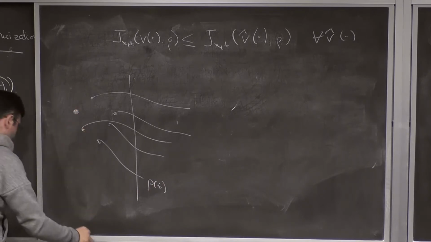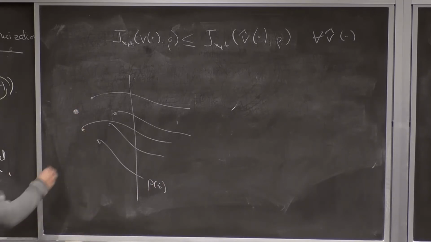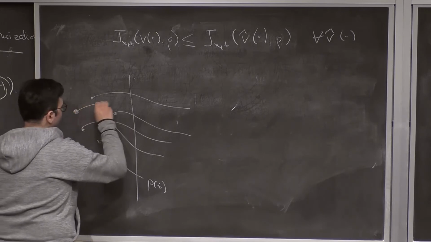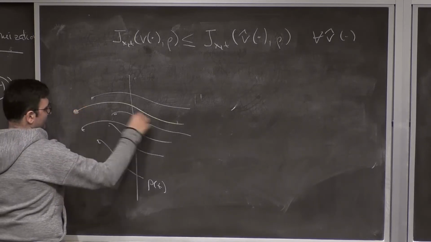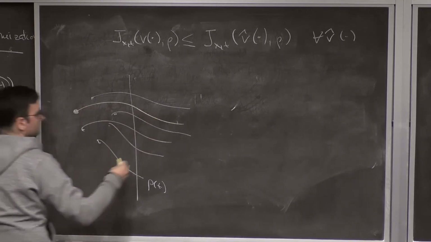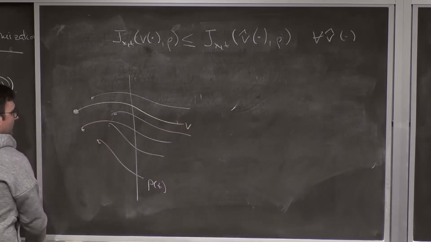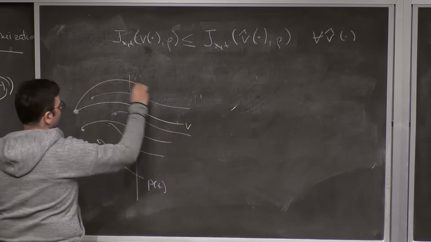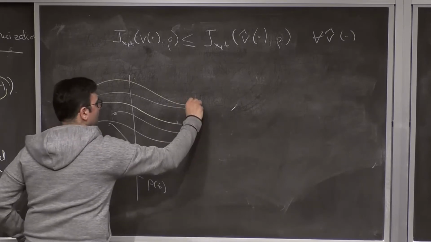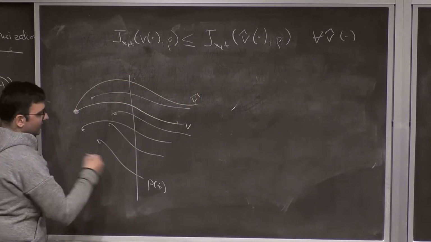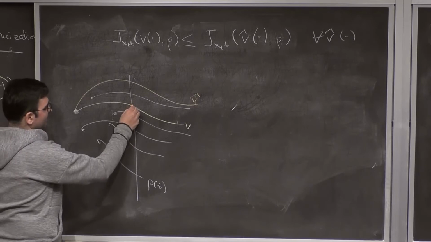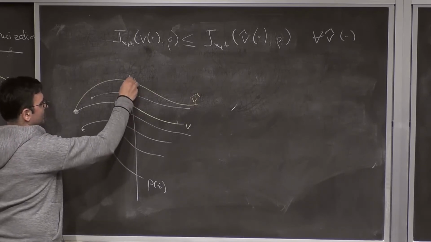Then let's say I'm isolating this one player, and it has this strategy, which I'm claiming is the optimal one. So this is V. And let's say I'm choosing another trajectory V hat, and I'm comparing. In general, what happens is that the distribution of the agents changes, because the agent here is not here now, it's in a different position.